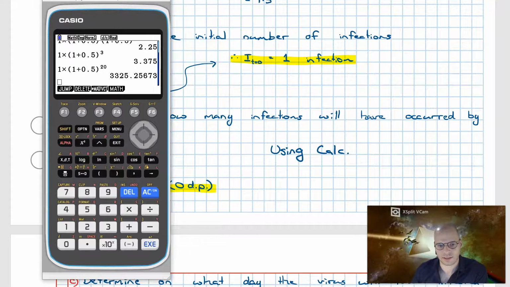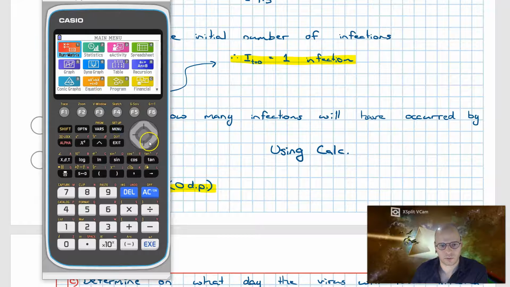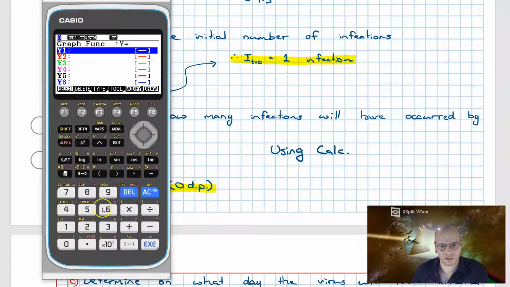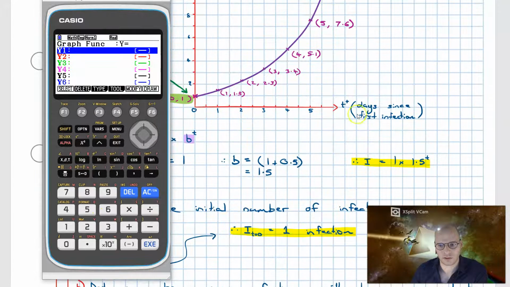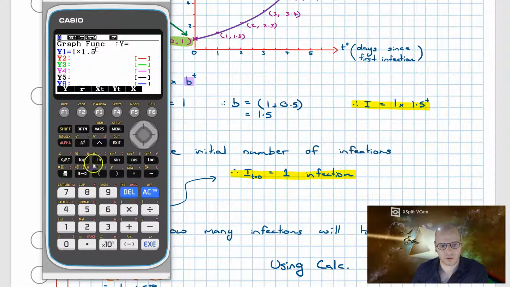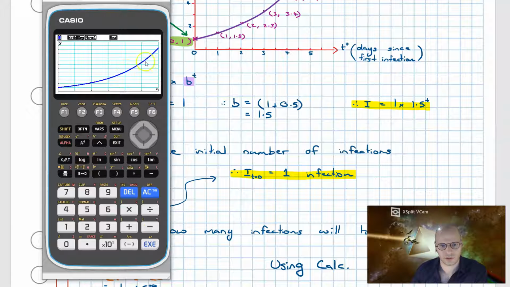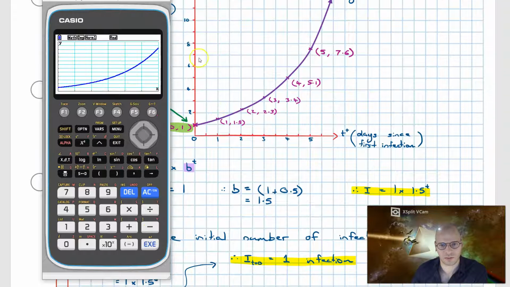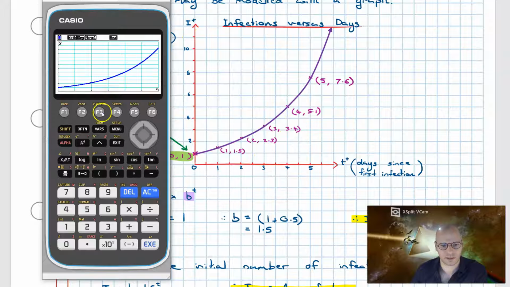So we can say using calc, we can go into our graphing mode, then we can input our equation. So in our case it's going to be 1 multiplied by 1.5 to the power of x. Graphing this, I'm going to fit it to this Cartesian plane here.